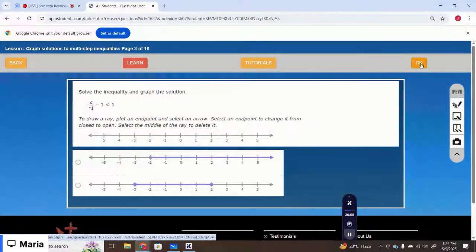Solve the inequality and graph the solution. That is c divided by negative 1 minus 1 is less than 1. So add 1.